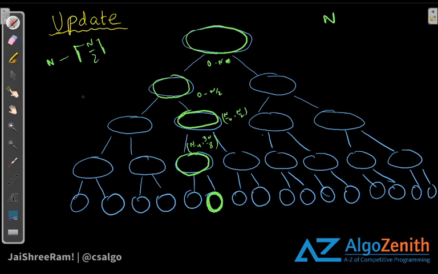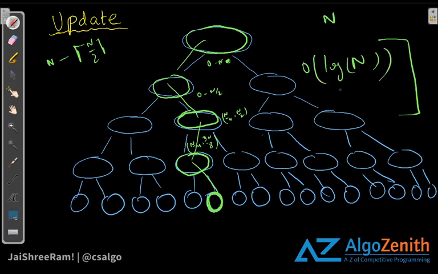So how many levels should this tree have? How many nodes can there be till you reach a particular leaf node? Log n, right? Of the order of log n. So that many nodes only need to change in the segment tree.